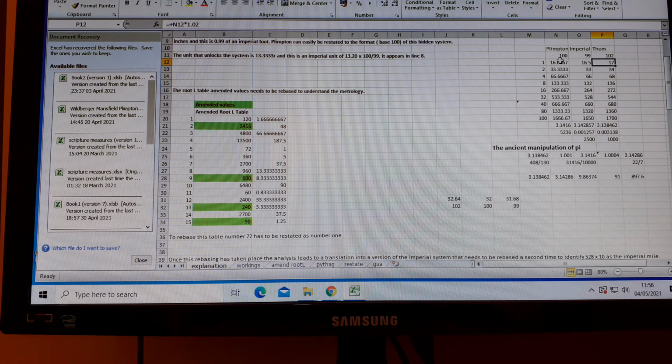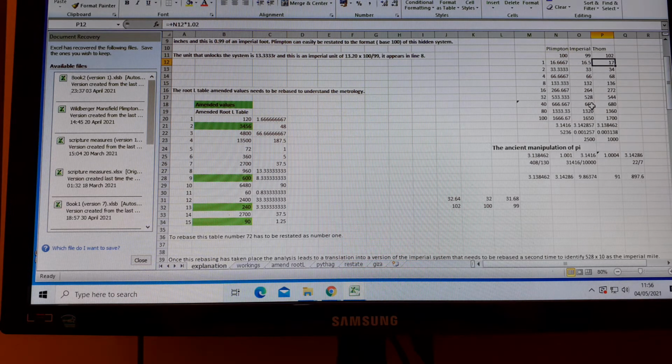So what we've got here is this is Plimpton. This is the imperial system coming down to 528 there and 660. And this is Thom's system. So we've got Plimpton, imperial, and Thom. Now what we're looking at is this line here. We get to 40 units.